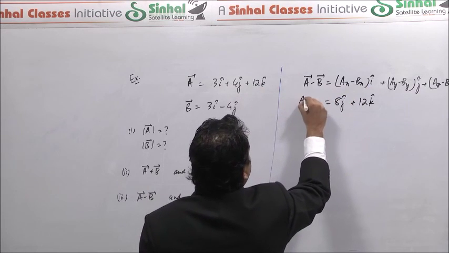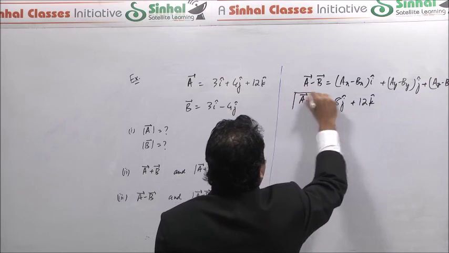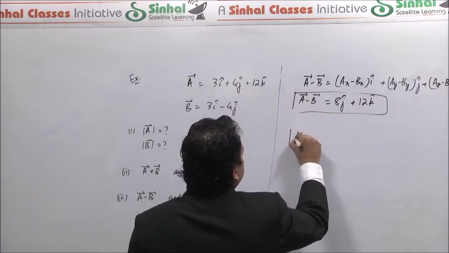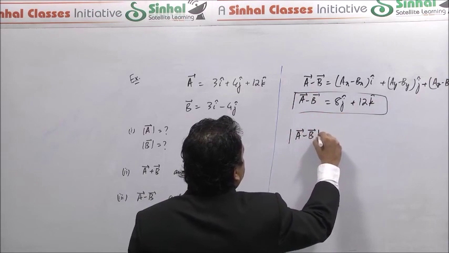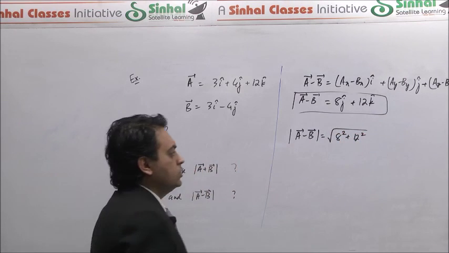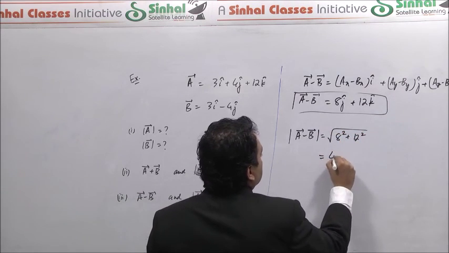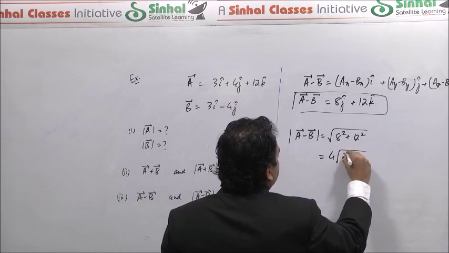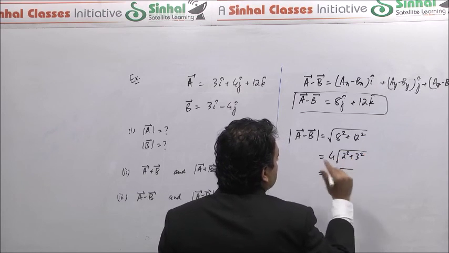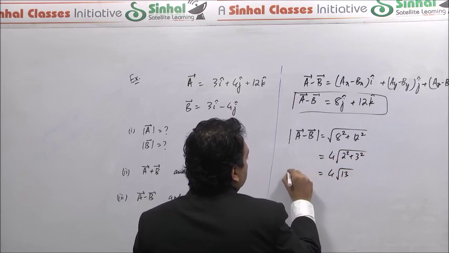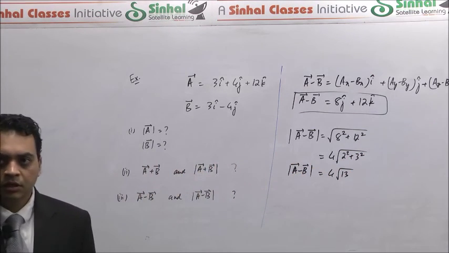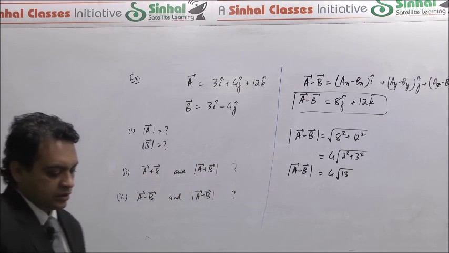So that is the vector A minus B. So the magnitude of the vector A minus B, the common factor being 4, you see that this is 2 square plus 3 square, 4 into root of 4 plus 9. Right. So that would be the magnitude of A minus B. So that's another example.